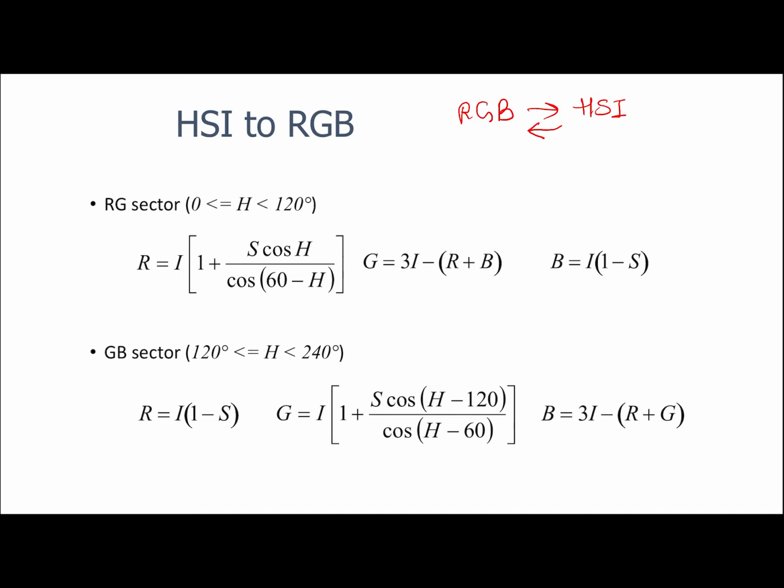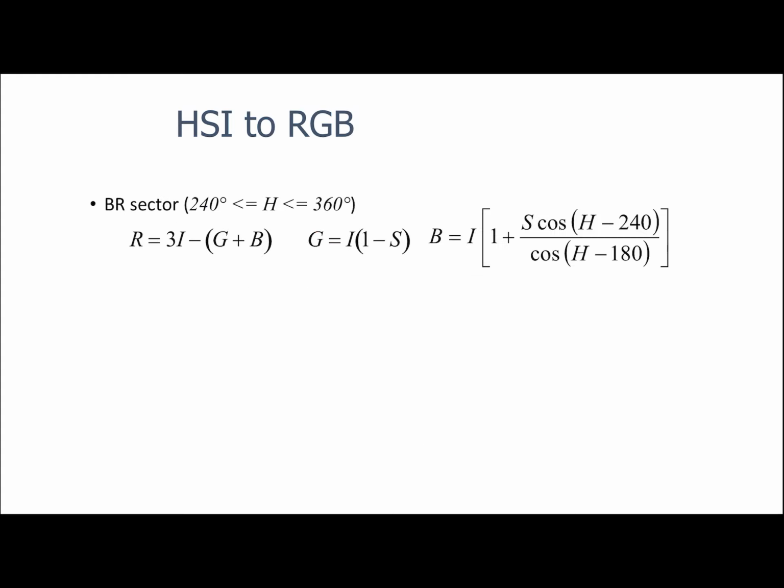Now to do the inverse conversion, the corresponding expression can be found as follows: whenever we want to convert HSI to RGB, there are three regions of interest. One is the RG region, in which H lies between 0 degrees and 120 degrees. The other is the GB region, in which H lies between 120 degrees and 240 degrees.